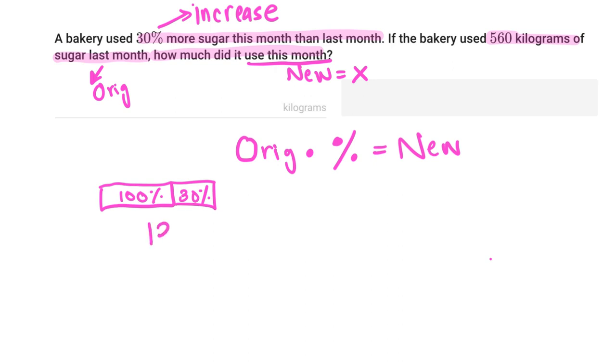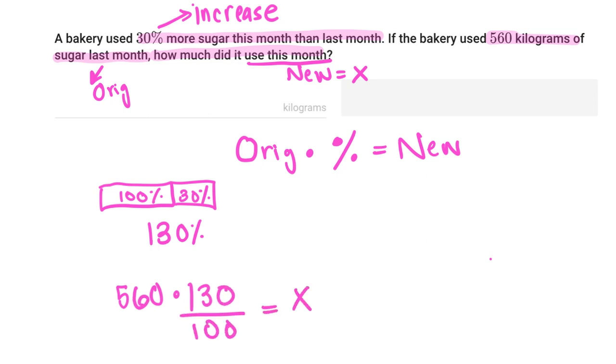So that means we have 130% of the original. If we go 560 is our original, times 130%, that equals our new. So that means we use 728 kilograms of sugar this month.